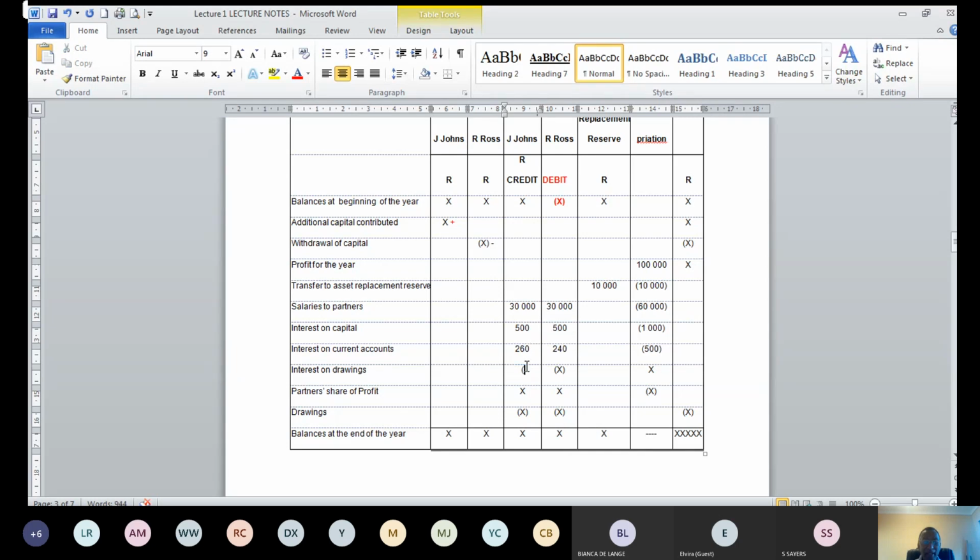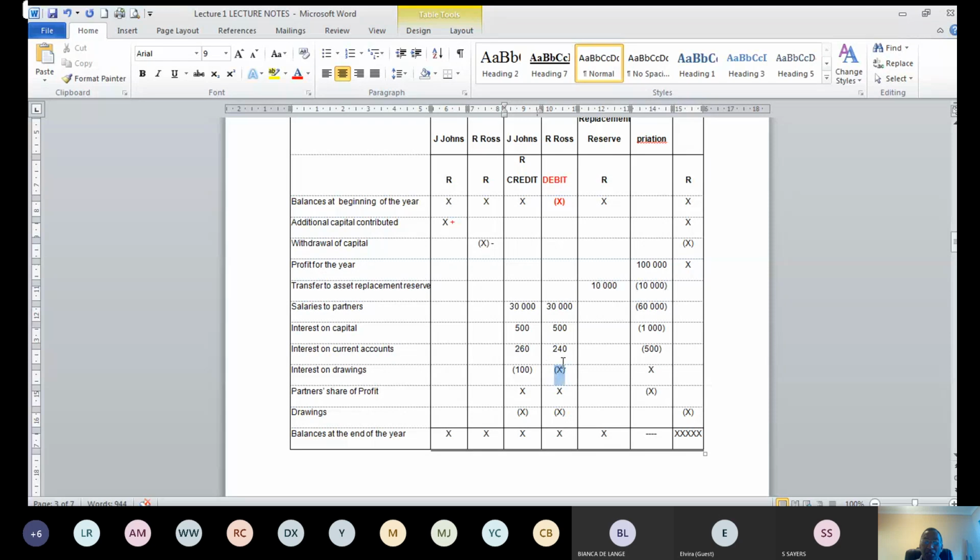So if partner A, okay guys, I must explain something else to you now, but I'm just going to finish this first, and then I'm going to go back to the interest on the current accounts because there's something there that is not right. Interest on drawings: because the partners must pay in interest, their current accounts will actually decrease, and that is why we debit their current accounts.